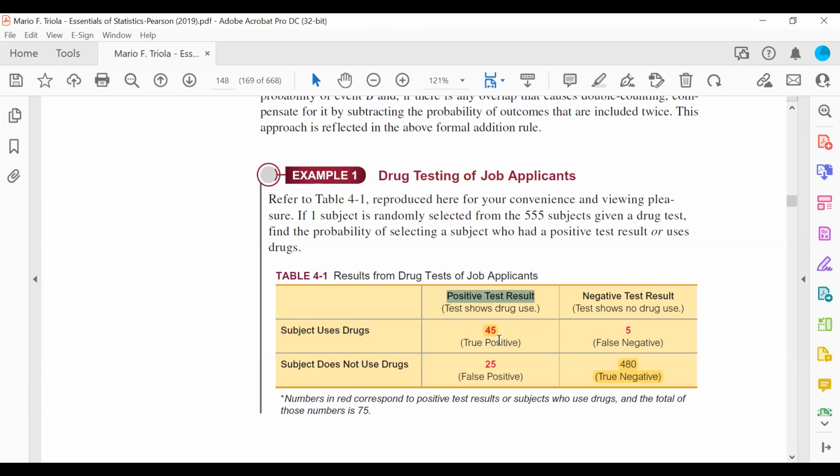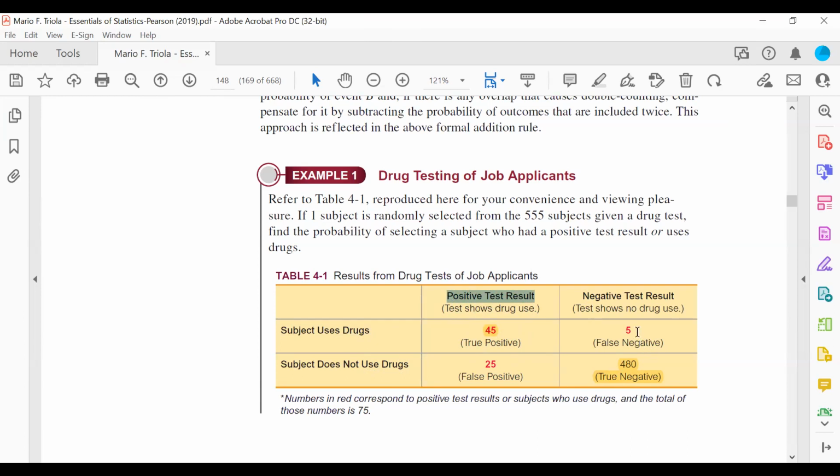So they told the truth. These people on the corners told the truth. They said they used drugs, and it came out positive. These people said they did not use drugs, and sure enough, they tested negative. The ones telling the truth are called a true positive and a true negative because they told the truth.